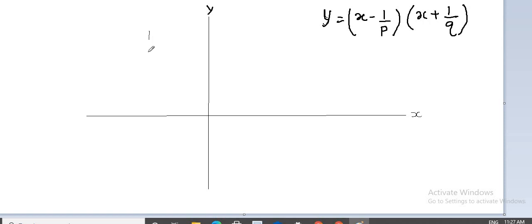So suppose this is my parabola. These point and this point, the distance between these 2 points has been given as 2.